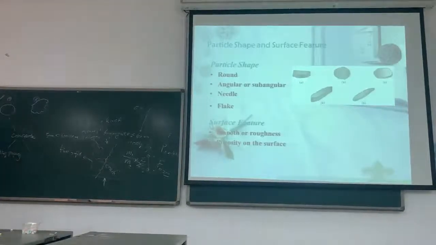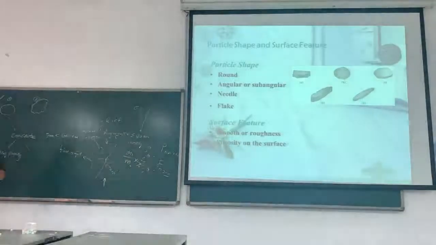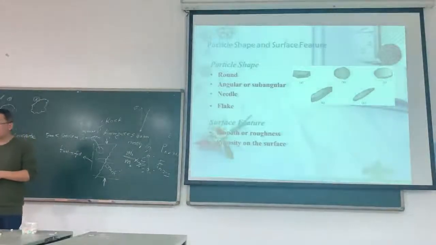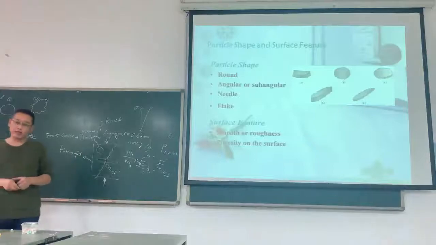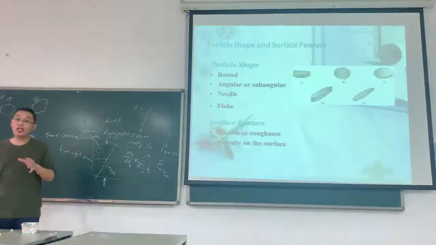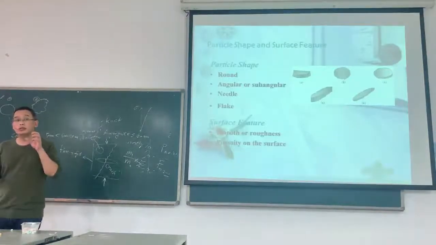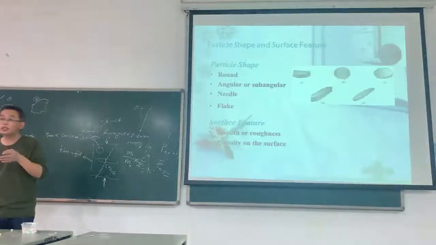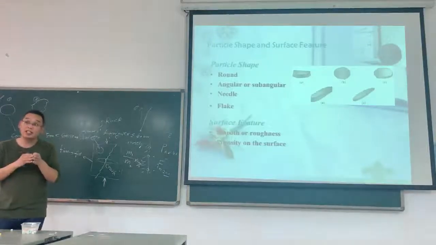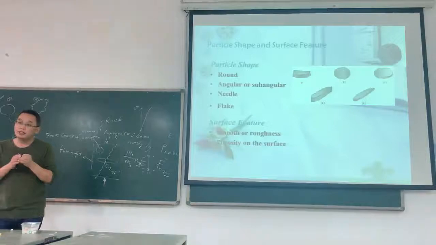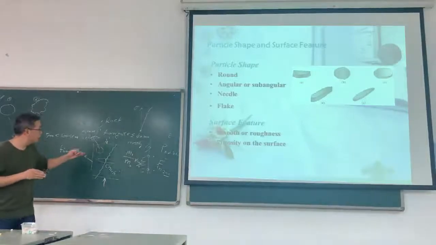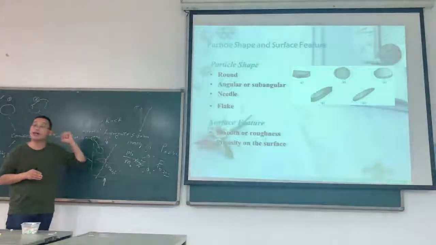What is working property? Like I just mentioned, if we want to construct the concrete, firstly, we need to choose several materials: the cement, the water, the coarse aggregate, and fine aggregate.